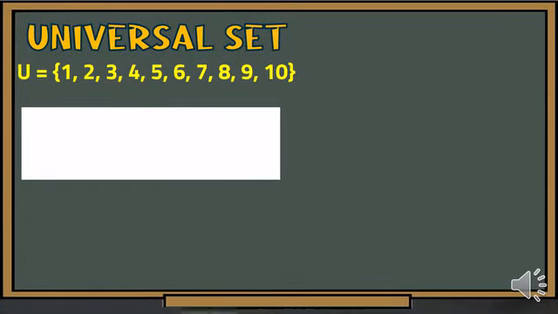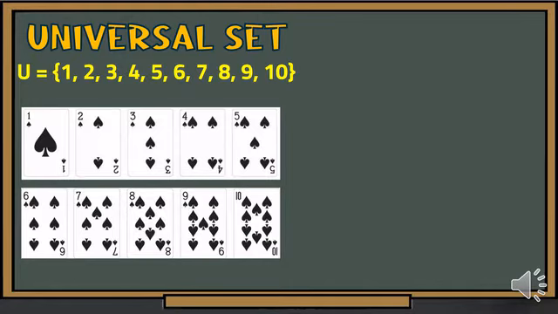Alright, the set of cards which contains 1 to 10 of spades, from which we took the elements to form different sets, is what we call the universal set. Universal set in general terms is defined as the set of all objects under consideration.